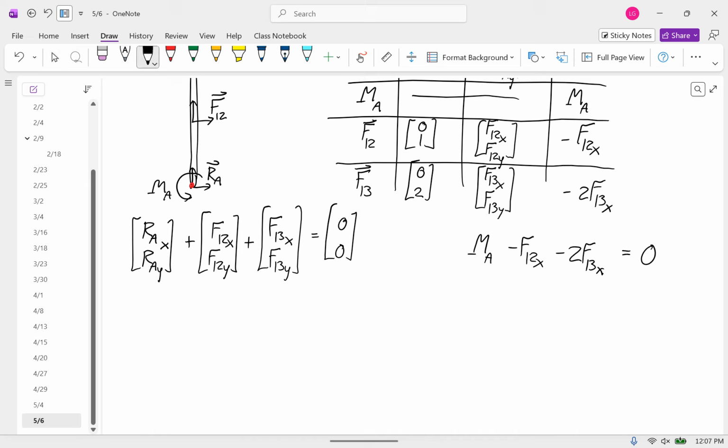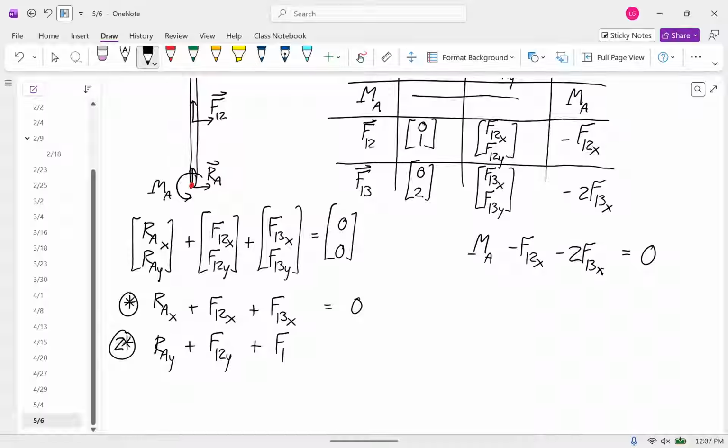My first equation for my system says RAX plus F12X plus F13X is equal to 0. My second equation says RAY plus F12Y plus F13Y is equal to 0.